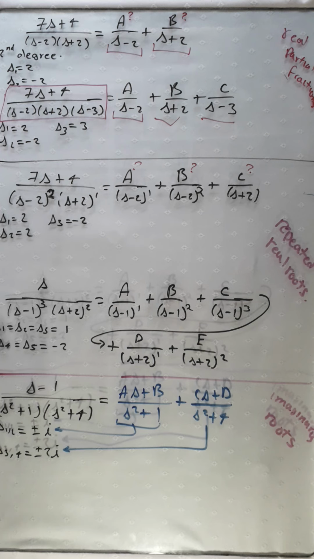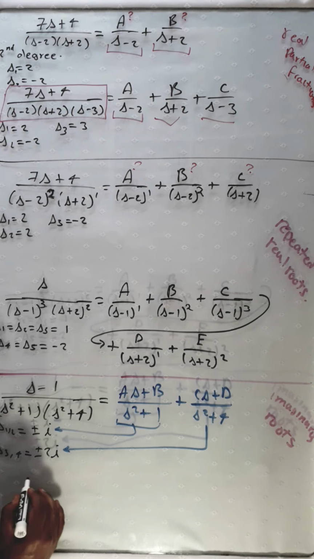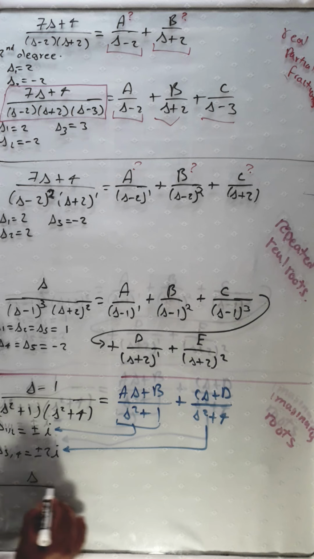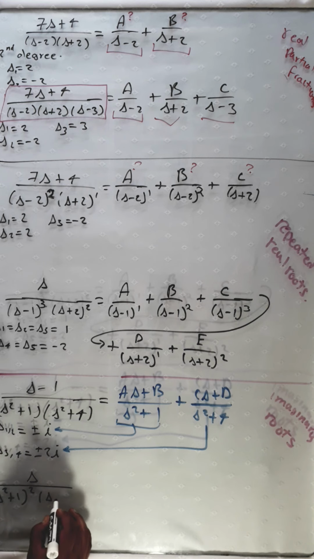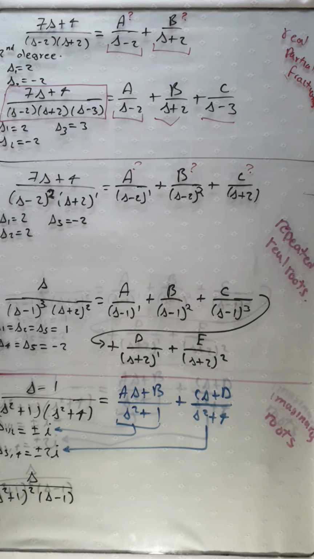What if you happen to have a combined case? Okay, a combined case, let me place it like this: s over (s squared plus 1) squared, and then (s minus 1). Here what you have is an imaginary root, but it's repeated twice, and then you have a real root. So s1 and s2 is equal to plus minus i.